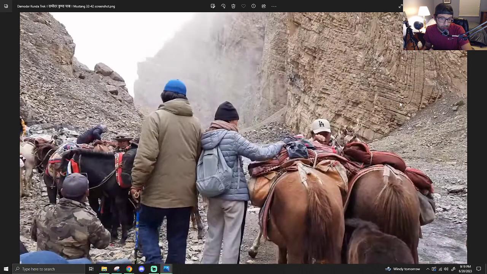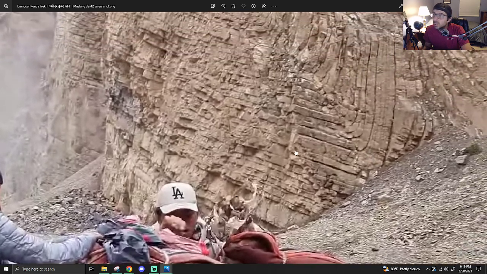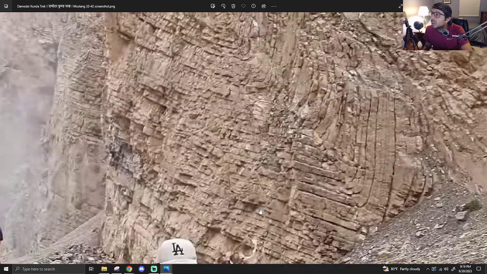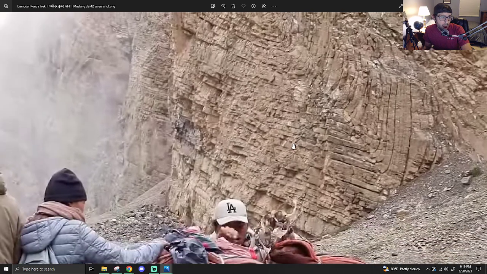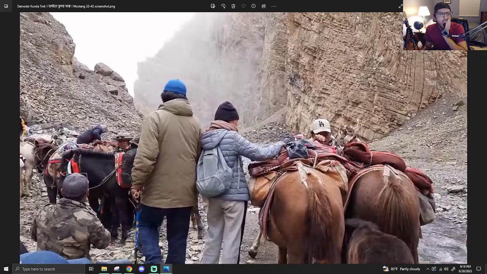Here's another fall, just boom. Whoa. It's almost like the water came uphill and went under this layer and lifted it.